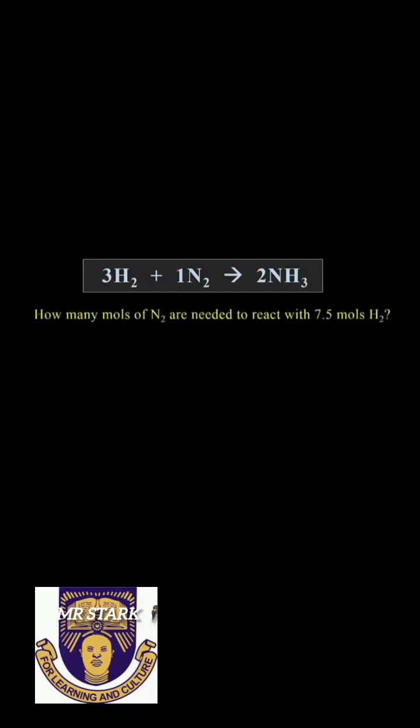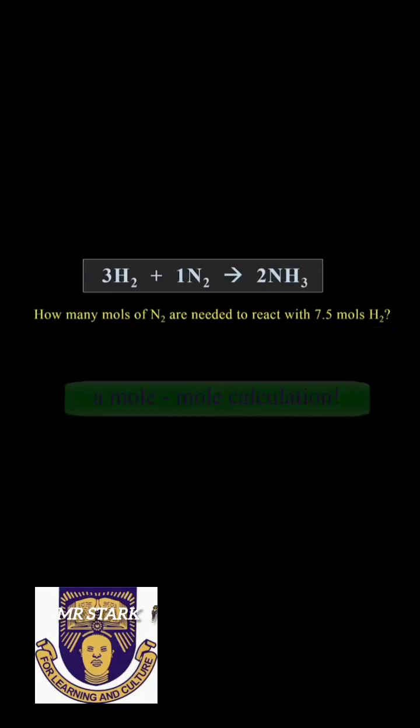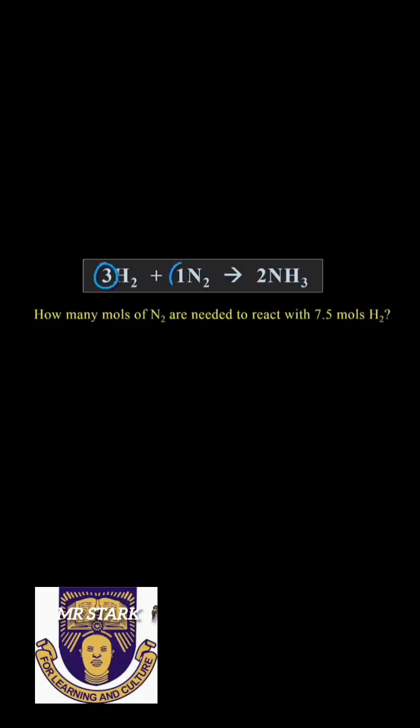Let's look at an example using this reaction of hydrogen and nitrogen. How many moles of nitrogen are needed to react with 7.5 moles of hydrogen? So if we have 7.5 moles of hydrogen, how many moles of nitrogen would react with that? We use the coefficient ratio of 3 hydrogens to 1 nitrogen to determine the answer. The amount given in the problem is 7.5 moles of hydrogen, and we multiply that by a fraction that represents the coefficient ratio.